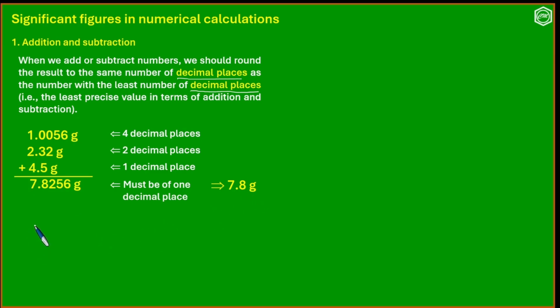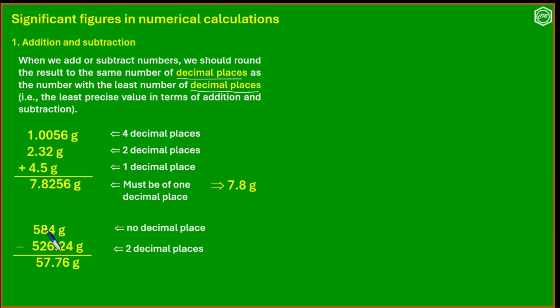Now let us consider subtraction. 584 gram, no decimal place, minus 526.24 gram, two decimal places. So the result is 57.76 gram. And here this number has no decimal.